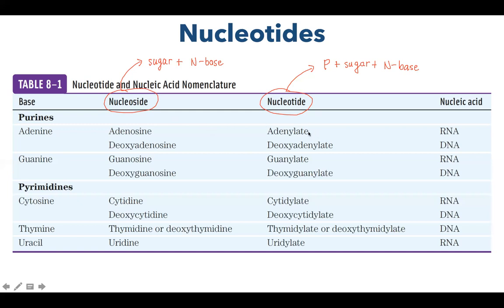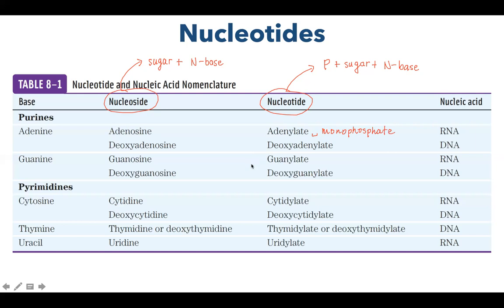Now, if there is a phosphate group attached to the 5' carbon of the sugar, then we call it adenylate if it is a ribose, or deoxyadenylate if it is deoxyribose. And then we place a space, and if there is one phosphate group, we say adenylate monophosphate. If there are two phosphate groups, then we say adenylate diphosphate.